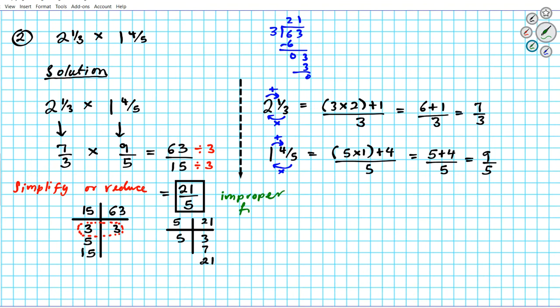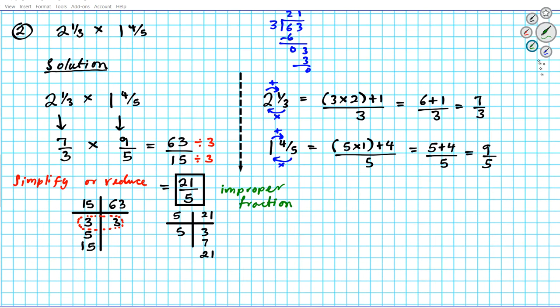So according to the instructions for the example, we're to also write it as a mixed number. Okay, so what we're going to do is convert the answer we got, 21 over 5, into what? This is an improper fraction, so we're going to convert it into a mixed number.